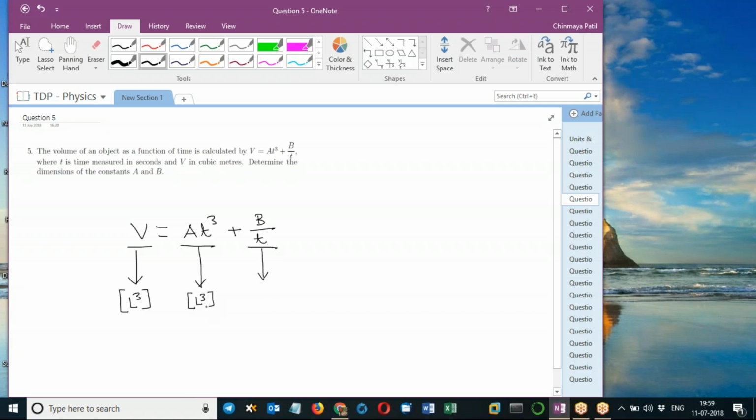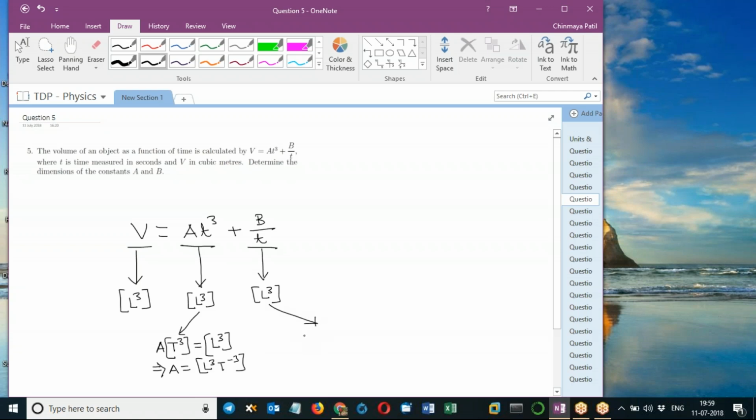That means a into t cube has to be L cube. So from here we can find the dimension of a: L³ T⁻³.